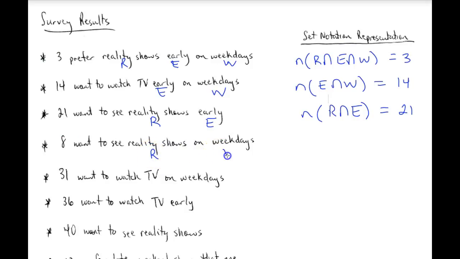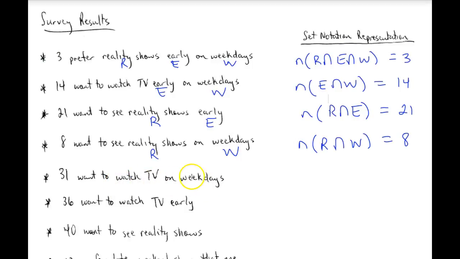So we have R and W, they want to see reality shows on the weekdays, not weekends, excuse me. So that's going to be the cardinality of the set R intersection W, and that's going to be 8.